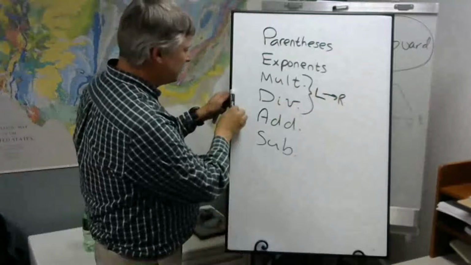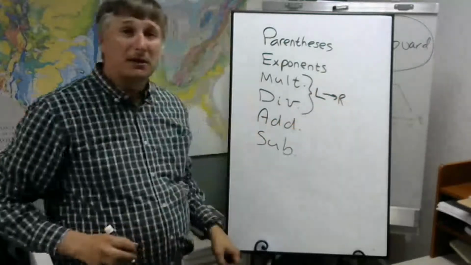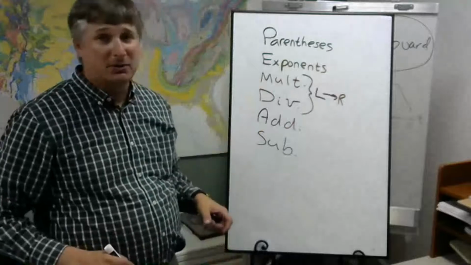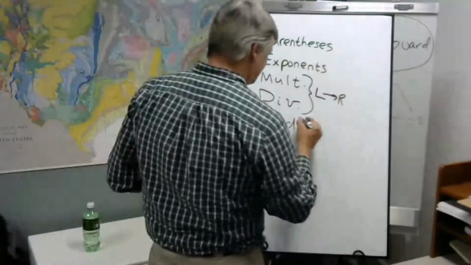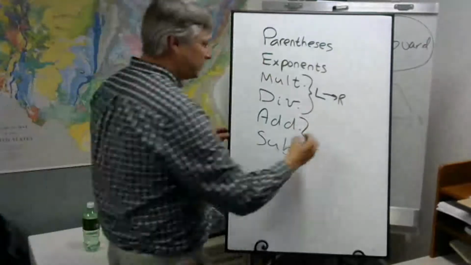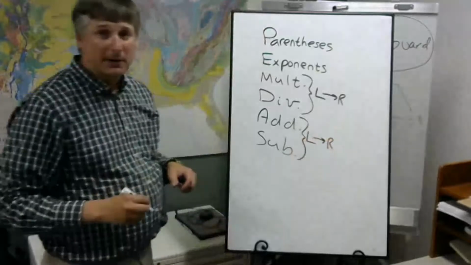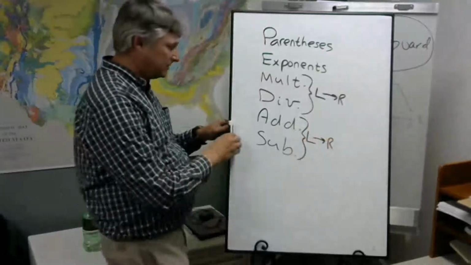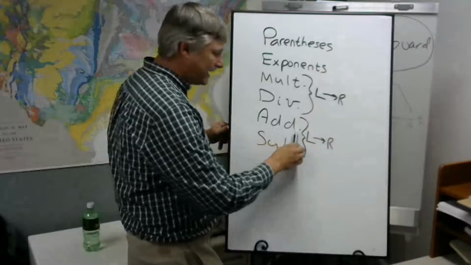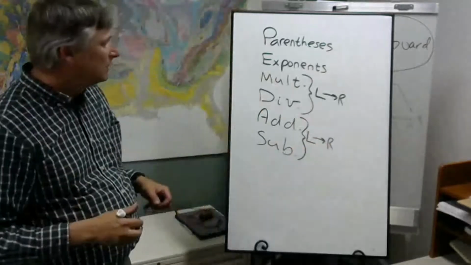We multiply, divide, divide and multiply until we reach the end. Same with addition and subtraction. They're treated as equals. And we also compute these left to right. So we just add, subtract, subtract, and add from left to right until we're done.